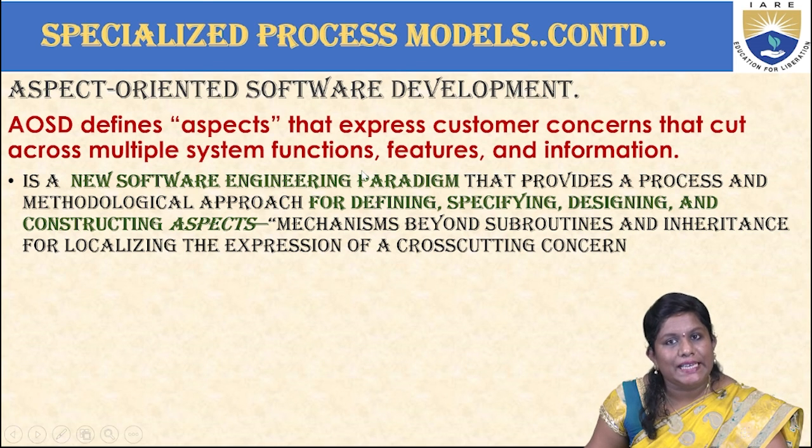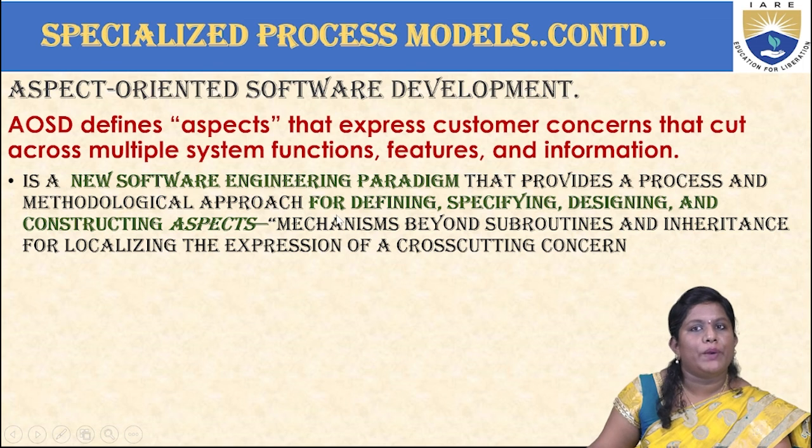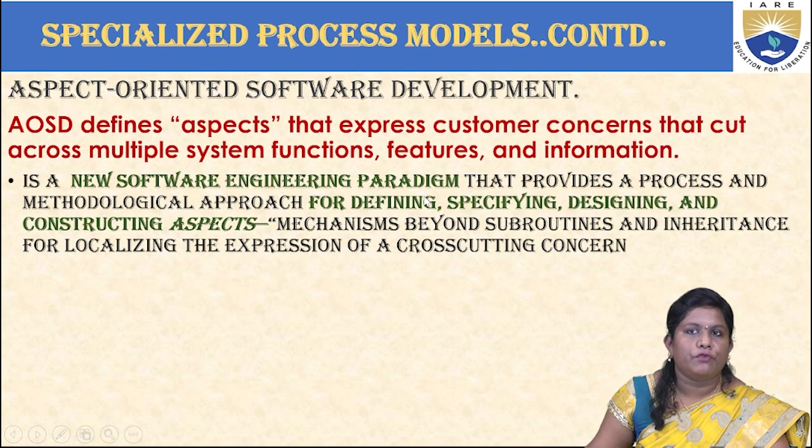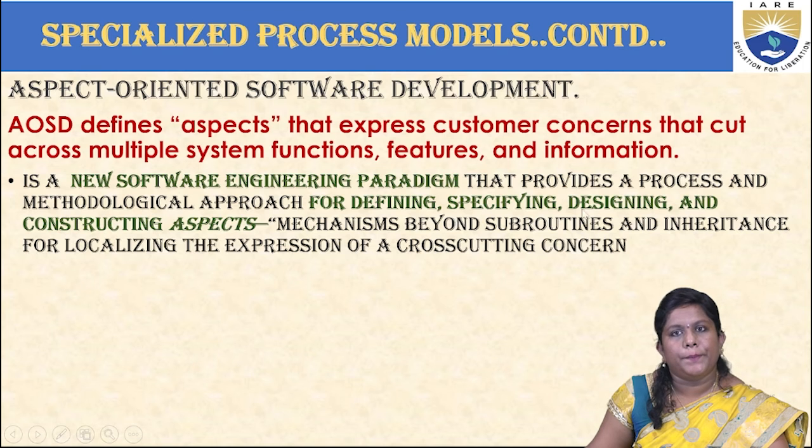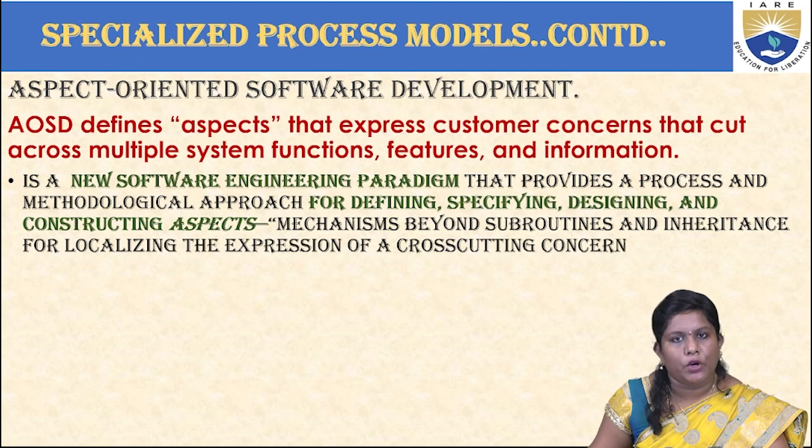And it also finally states that it's a new software engineering paradigm which is trying to focus on defining, specifying, designing, constructing, and giving us the final aspects of this. So these are the three types of specialized process models.